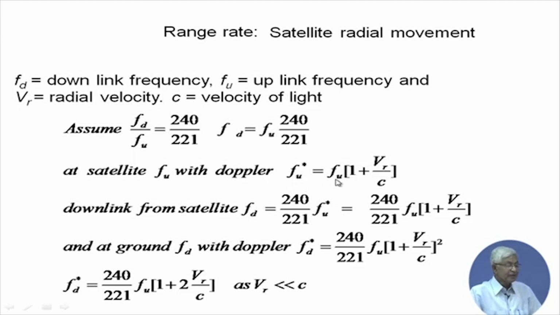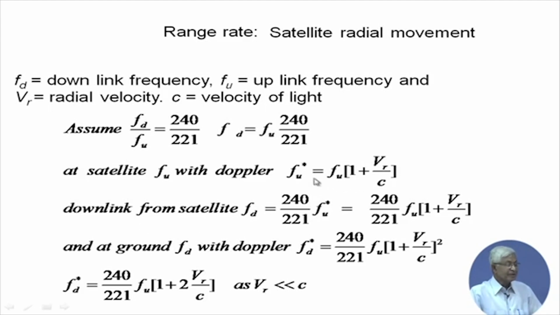FU star will be FU itself plus the delta FU, which is velocity in the radial direction by c, where c is the velocity of light. So, it is FU into 1 plus VR by c. That is the frequency which is reaching the satellite, the original frequency plus the Doppler. Now, this plus sign depends on which direction it is moving. In this case, we have taken that it is coming towards the earth, so it is a positive direction.